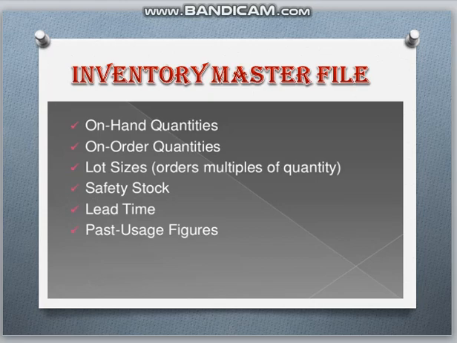If our requirement is 500 items and we have 200 in hand, it gives a net requirement, that is 500 minus 200, so our total requirement will be 300. All this quantity requirement is scheduled and planned in this inventory master file.